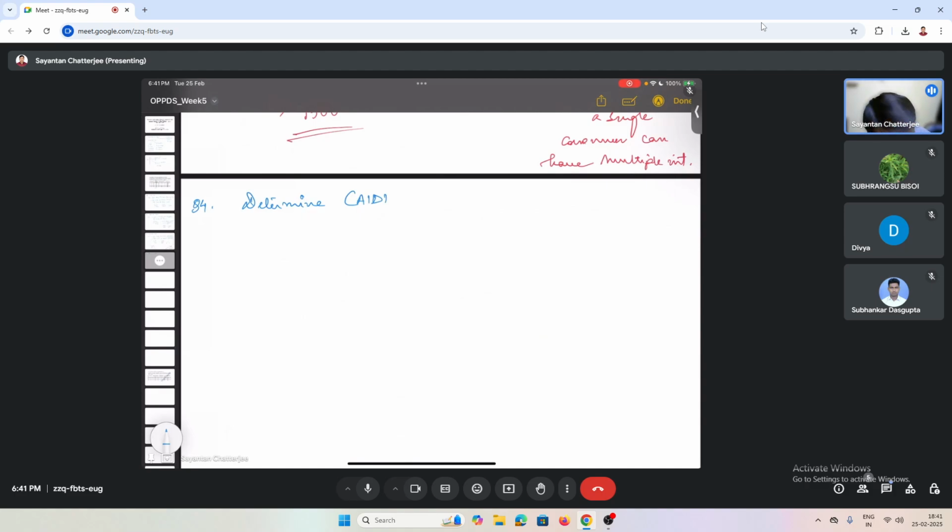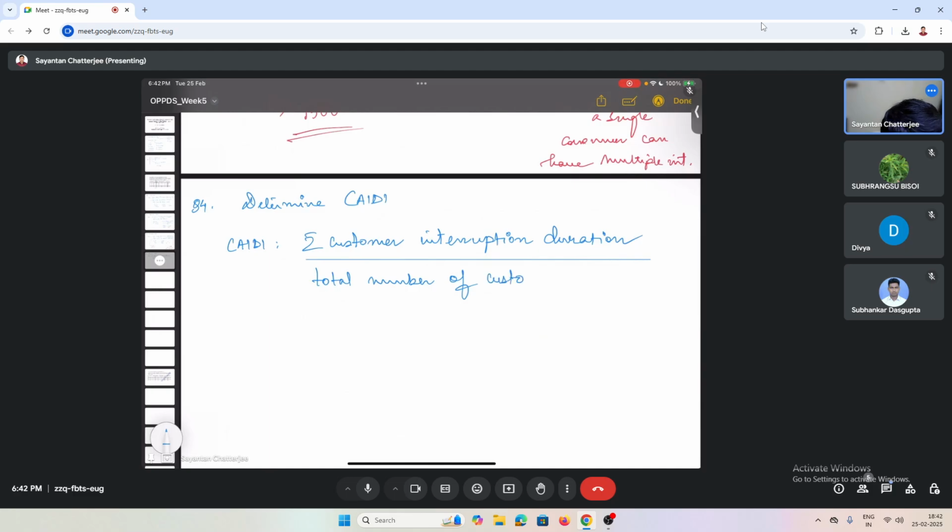Customer interruption duration is in the numerator, but in the denominator it will be the total number of customers who got the interruption, so total number of customer interruptions.